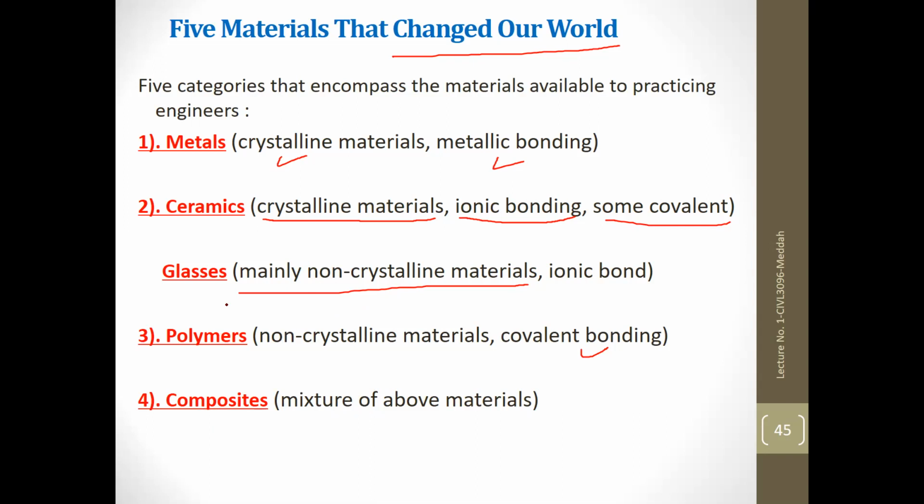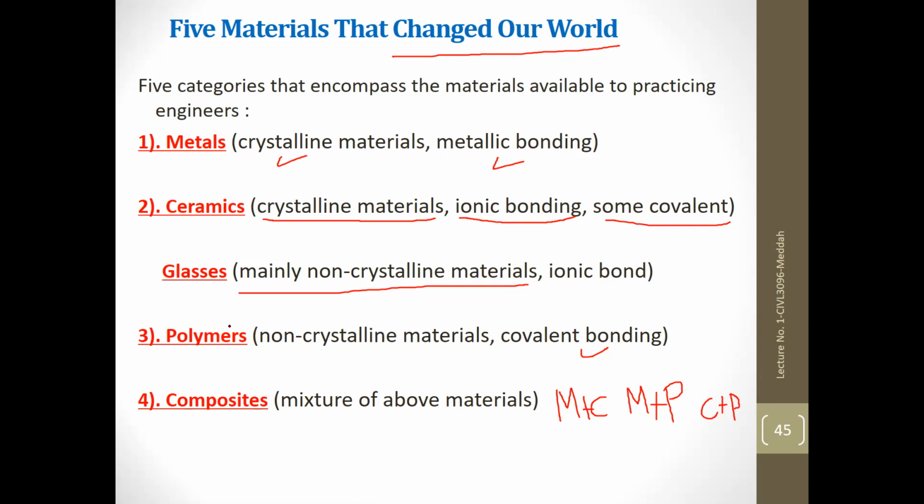You cannot make a composite material with only one. So it has to be a combination of, let's say, metal plus ceramic, or metal plus polymer, or ceramic plus polymer. So it's a combination of at least two of these categories.